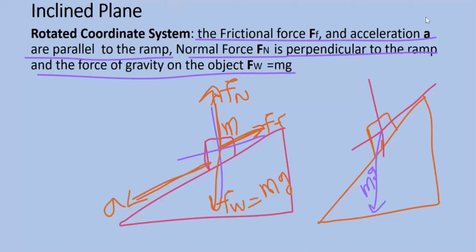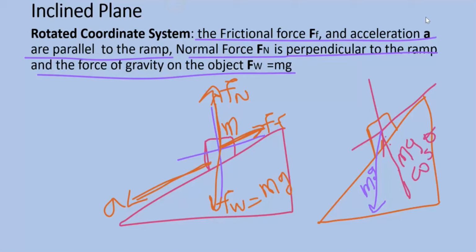So for us to get this mg, there'll be two components. One component would be running down this way. This is one component, and this will be the mg cos theta.